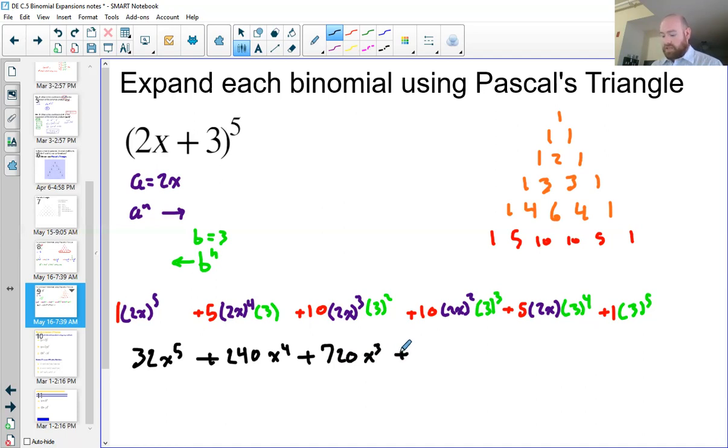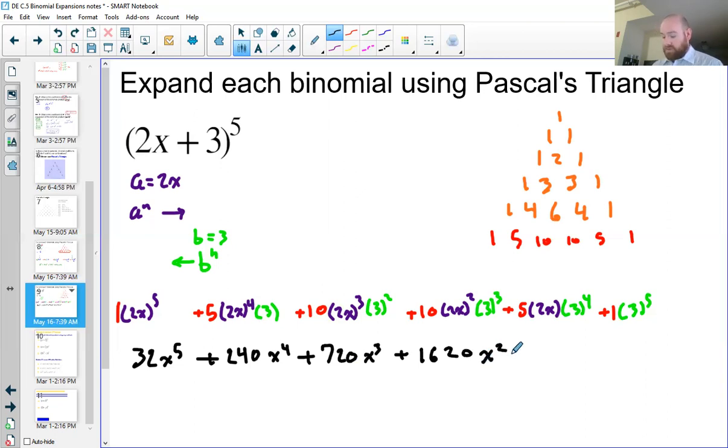Then 10 times 2 times 3 to the 4th. Oops, I just wrote 102, so let me fix that. So 10 times 2 times 3 to the 4th power is 1,620 times x squared.